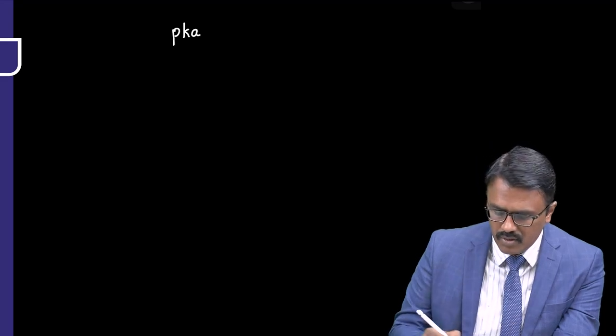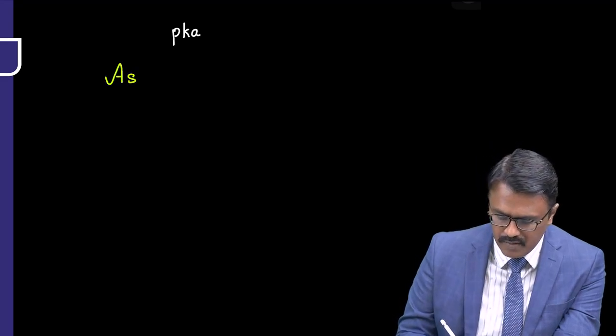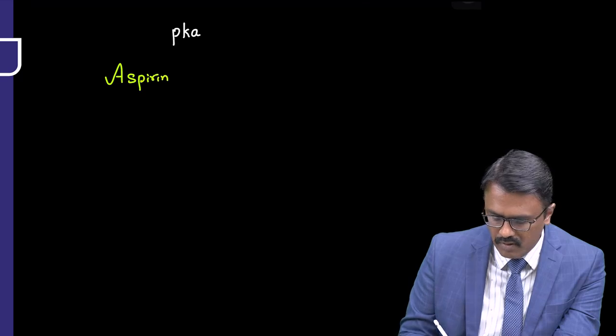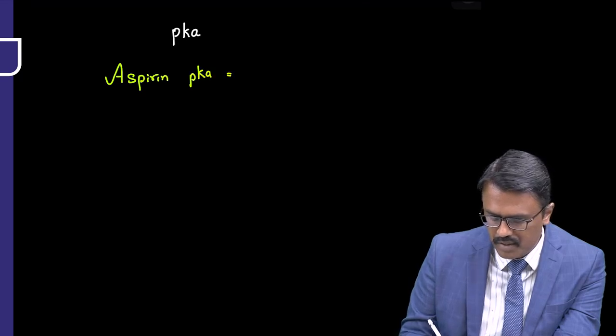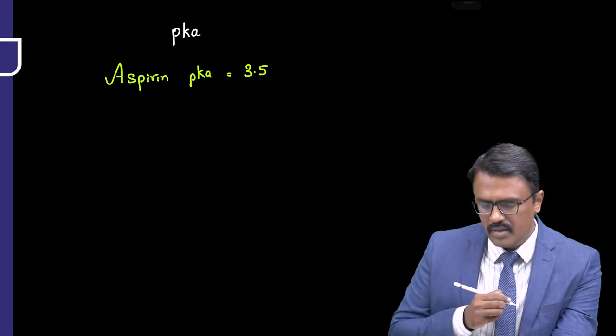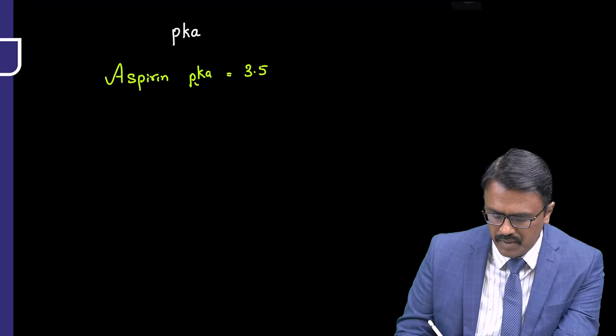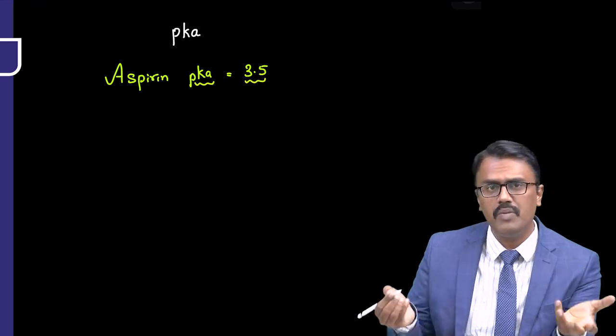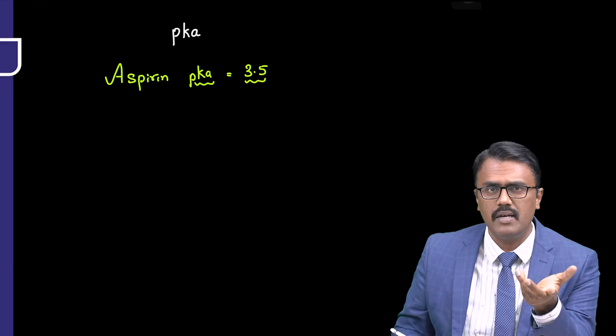In the books, aspirin, which is an acidic drug, is given a pKa value of 3.5. Okay sir, aspirin pKa value is 3.5. Then what do you mean by that? There should be some understanding.